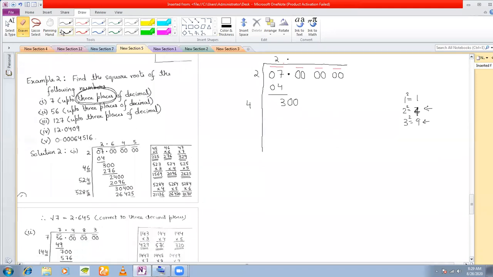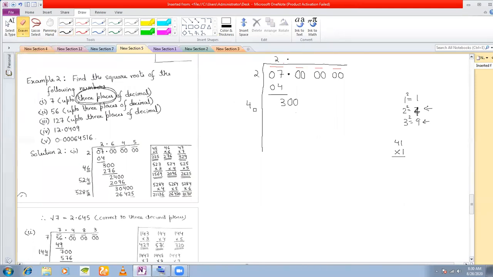I want to place a digit here such that the number formed by that digit, say 41 if I'm placing 1 here, when I multiply that number by the same digit, that is 1, I must get a number that is just less than this 300.